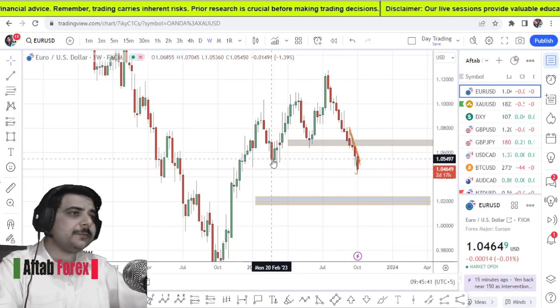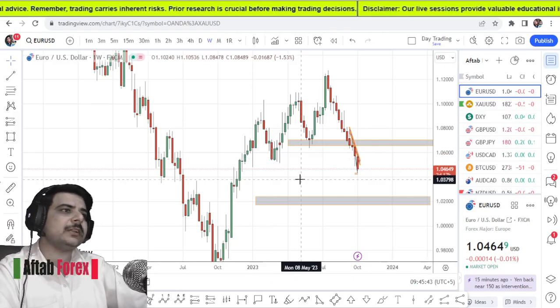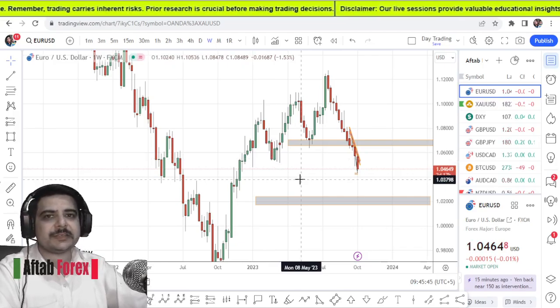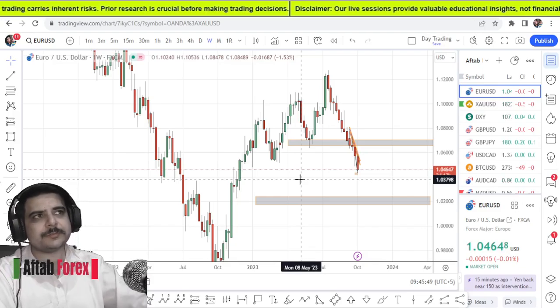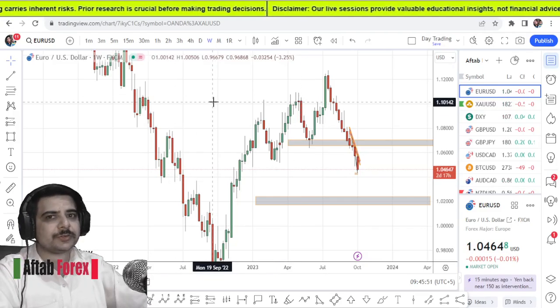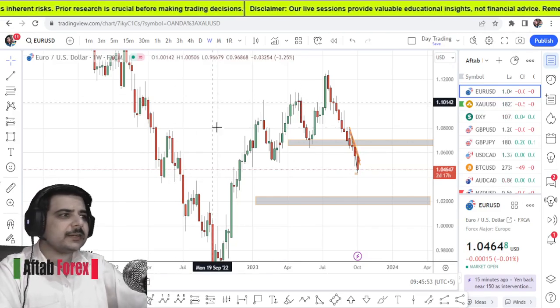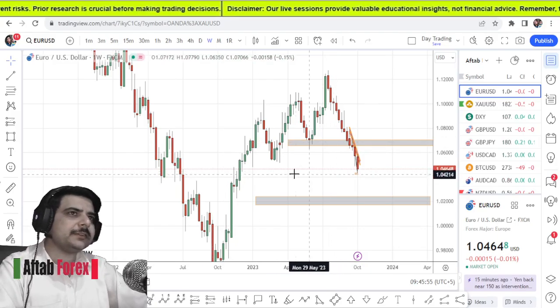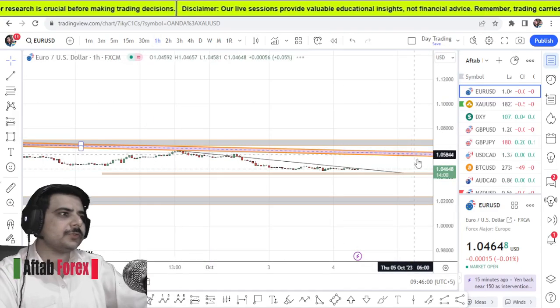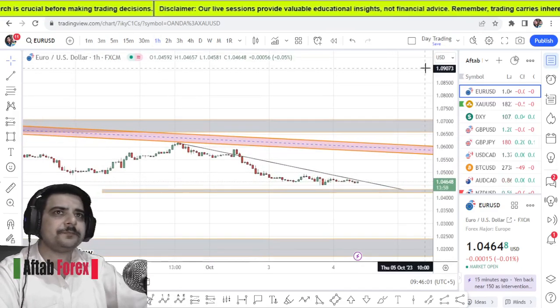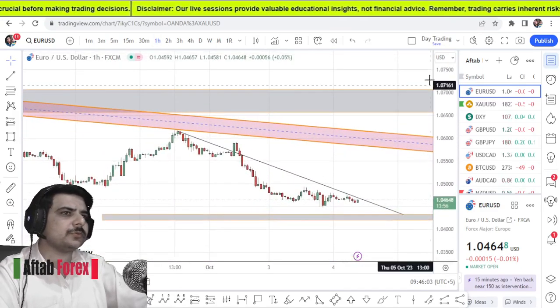Today we have ADP non-farm as well. So if the data comes positive or negative, that can completely ruin this plan. So make sure, if after the plan this setup is valid, or before that it will be valid, opportunities can be taken. Okay, on the euro dollar, what is going on?